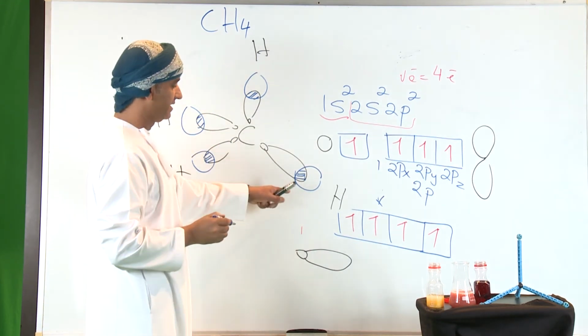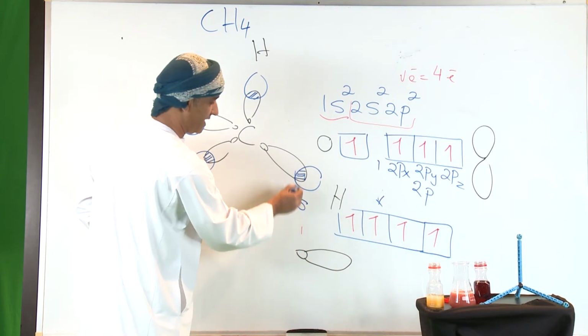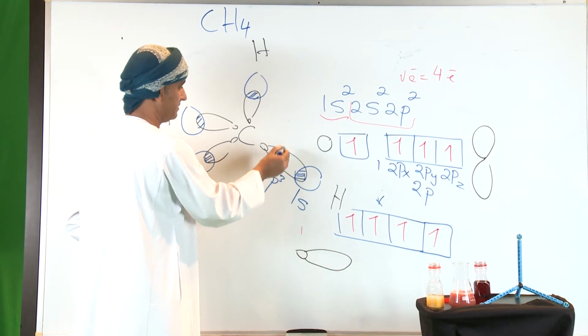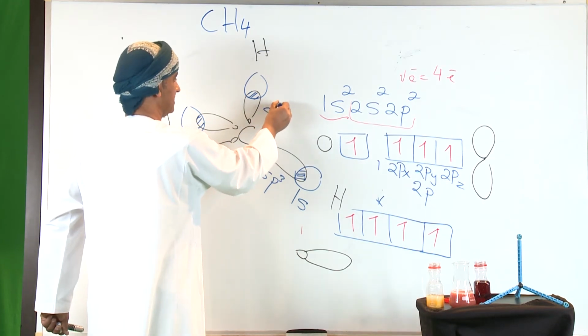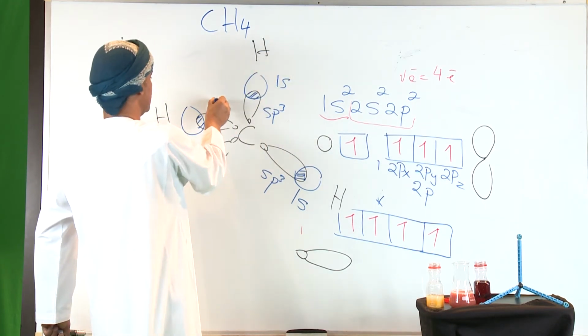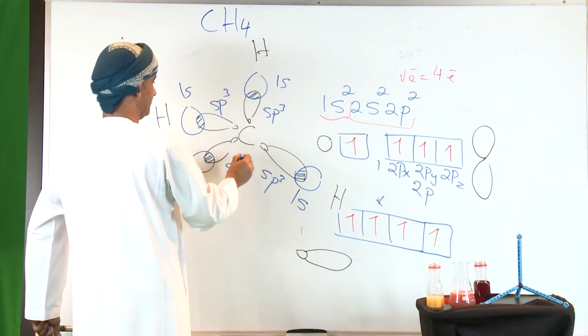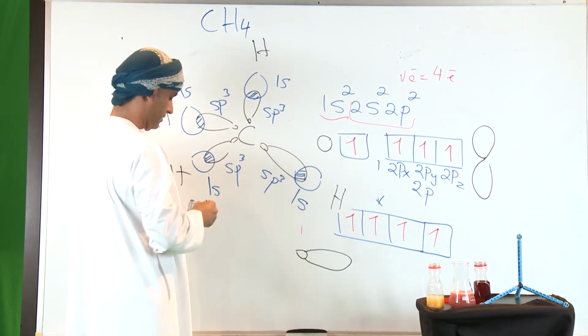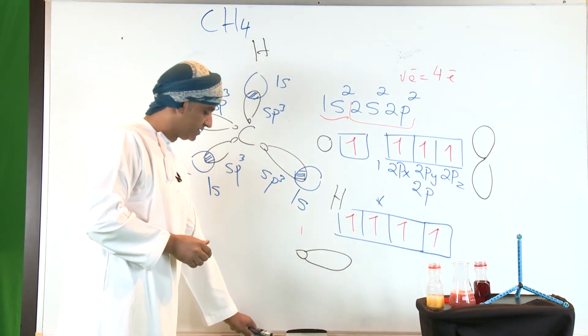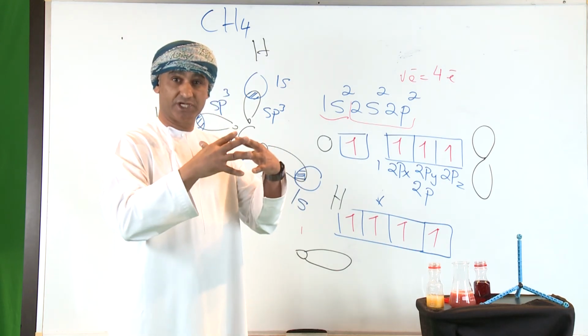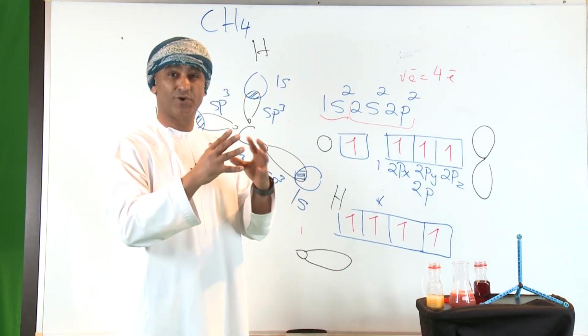You can see clearly the point of overlap between the 1s orbital from the hydrogen atom and the sp3 hybrid orbital from carbon. So this is sp3, 1s from hydrogen, sp3 from carbon, 1s from hydrogen, sp3 from carbon, and 1s from hydrogen. We can see the point of overlap when these orbitals overlap with each other, head to head, if you like, or end to end.